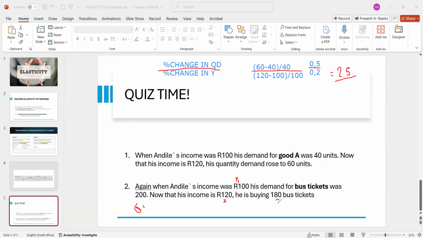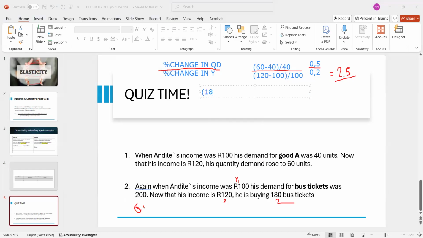This is Q2. Also, we come here to the formula for calculating the income elasticity of demand. It's the percentage change in quantity demanded over the percentage change in income. So the quantity was 200, now it's 180.